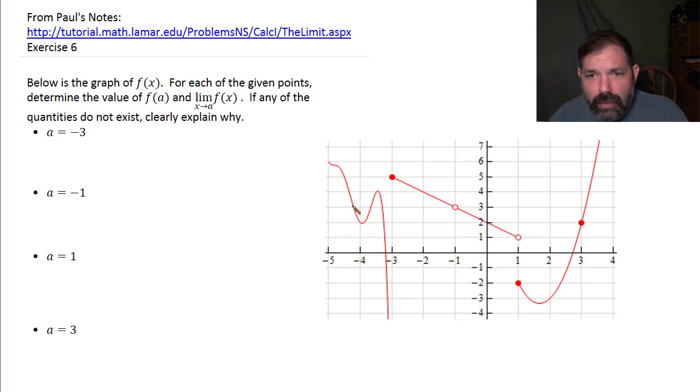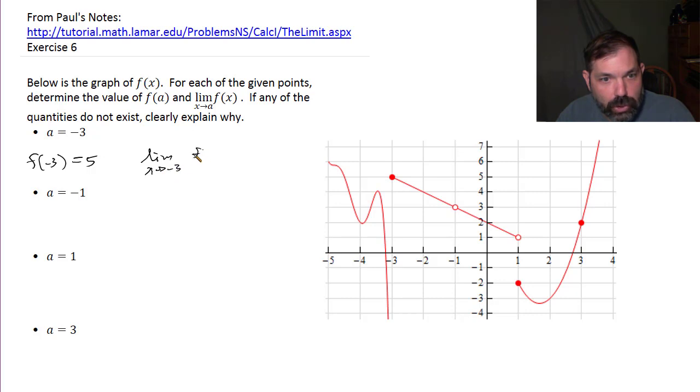All right, so again, here we have a graph of a function, and we're given some a values. If a is -3, what is f of -3? If my input is -3, the output appears to be 5. The limit with x approaching -3 of the function. Here's what I see. If I approach -3 from the left, my outputs are becoming very large negative numbers.